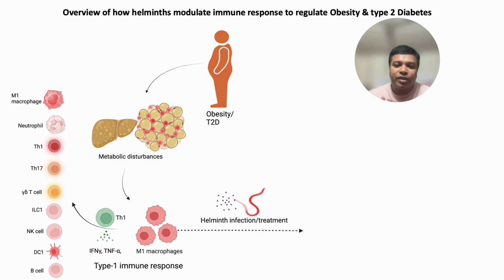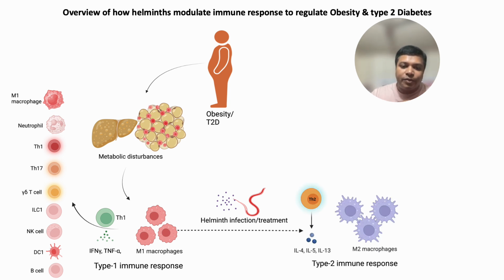So helminth infection, they secrete some secretions or excretions called excretory secretory products. Here you can see several dots. If you treat a patient with obesity or type 2 diabetes with helminths, they reverse this inflammatory scenario. They reverse inflammatory M1 macrophages to anti-inflammatory M2 macrophages.